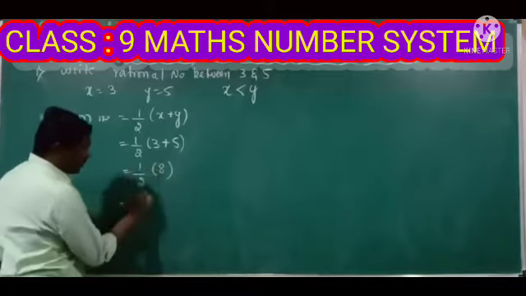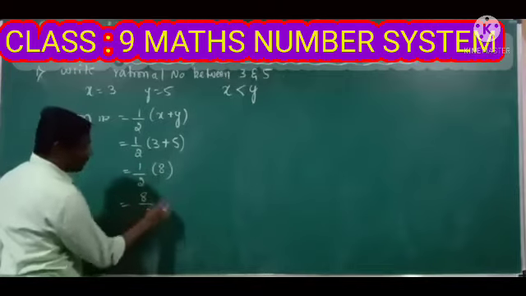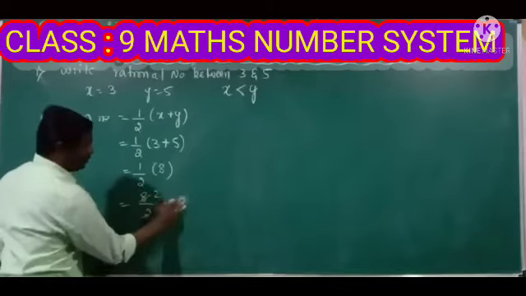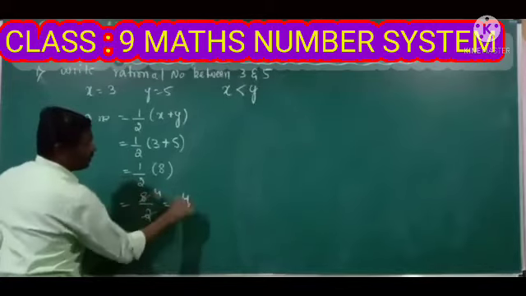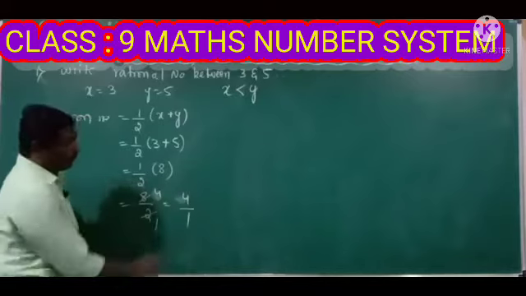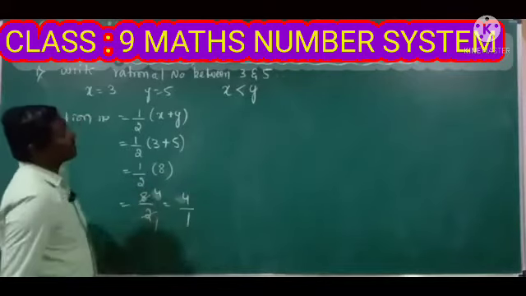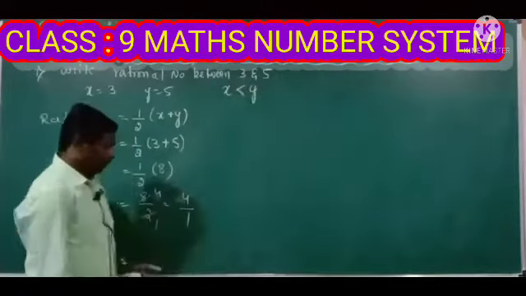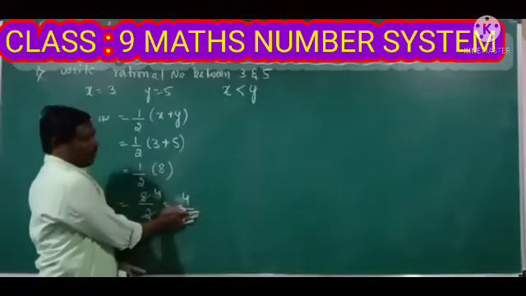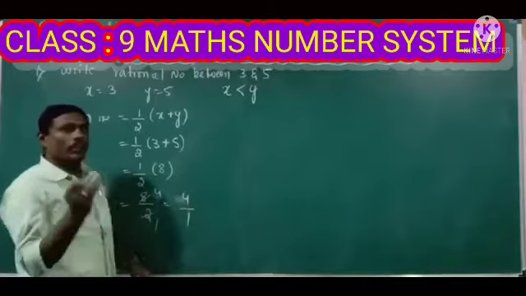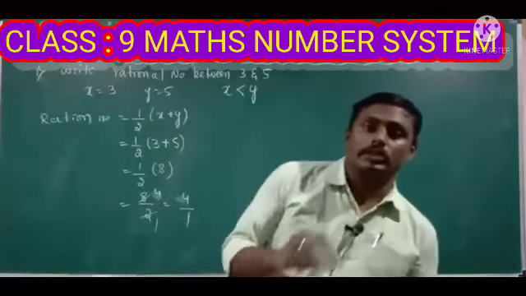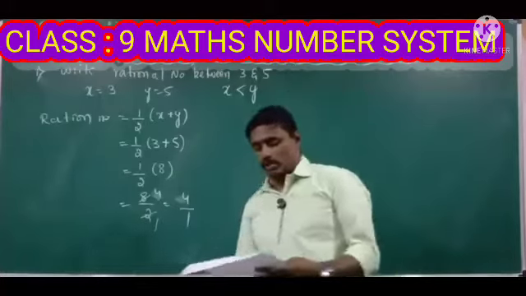So 8 by 2, 2 fours are 8, that is 4 by 1. 4 by 1 is one of the rational numbers between the two given numbers 3 and 5, or you can also take it as 4. 4 is a rational number, since the denominator of all natural numbers and whole numbers is always 1 only, right?